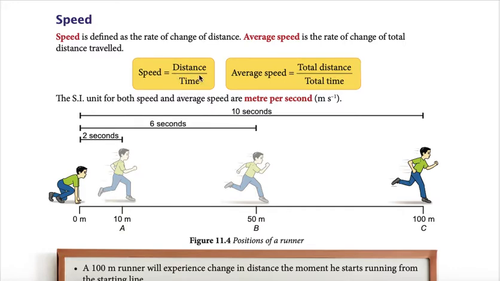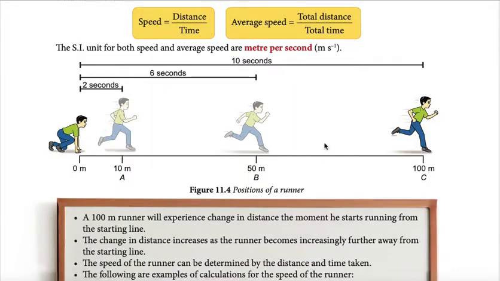S negatif 1 di sini adalah kerana saat, iaitu unit untuk masa, terletak di bawah pecahan ini. Okay, so unit for distance is a meter and unit for time is a second. That's why the SI unit for speed and average speed is a meter per second.